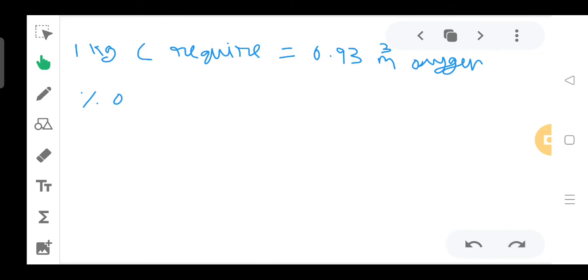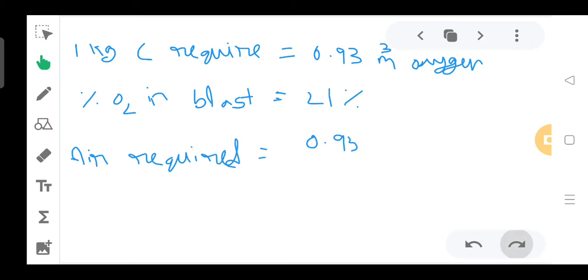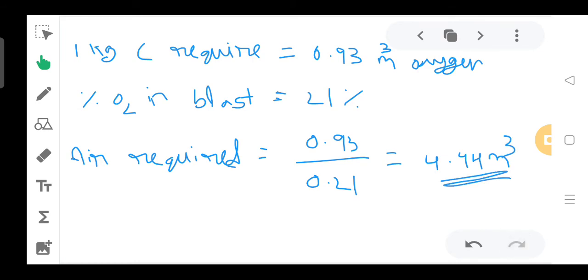If we consider the blast contains 21% oxygen, the air requirement will be 0.93 divided by 0.21, which is almost equal to 4.44 meter cube of blast air required for burning 1 kg carbon.